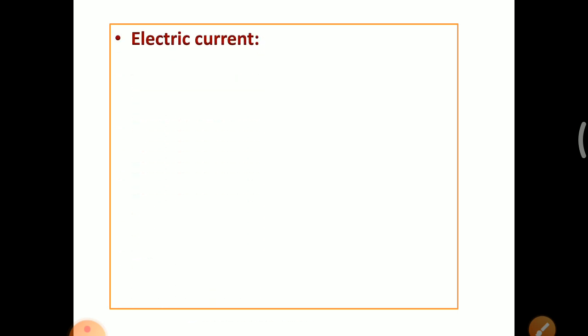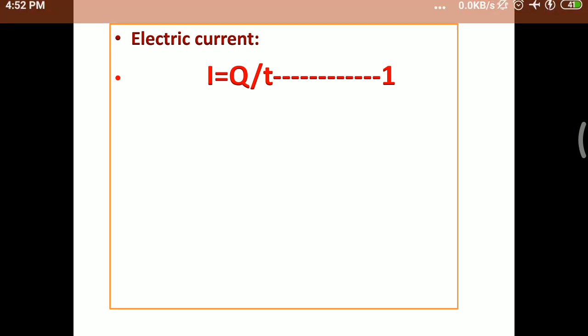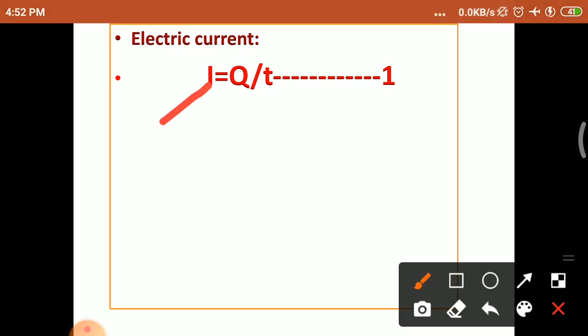The first one, in electric current, you know the formula I equal to Q by T. From this equation, there are three physical quantities present. One is I, another one is charge, and the third one is time.